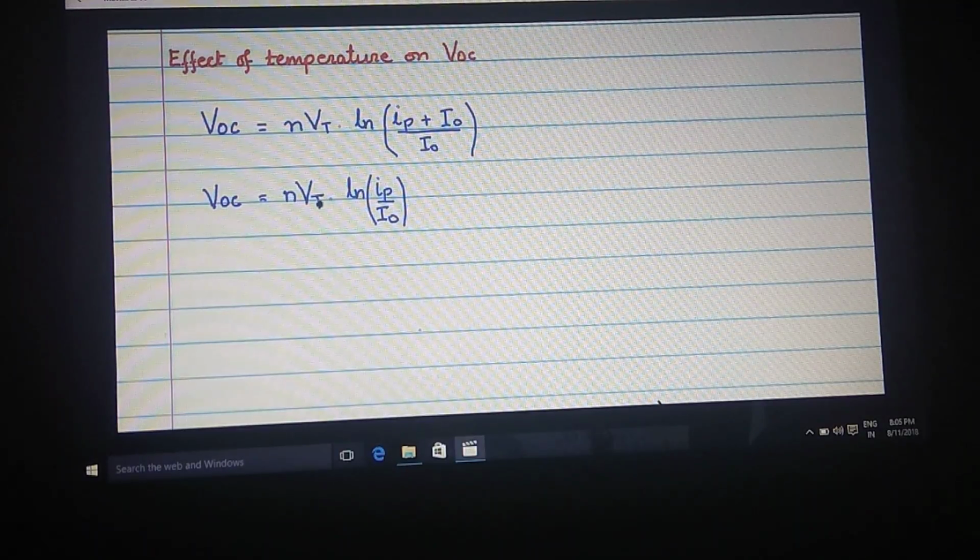However, you should note that Vt is a function of temperature, as T by 11,600. I naught is also a function of temperature. It is an exponential function of temperature. So considering I naught and Vt effect together, you will see that VOC is inversely proportional to temperature.